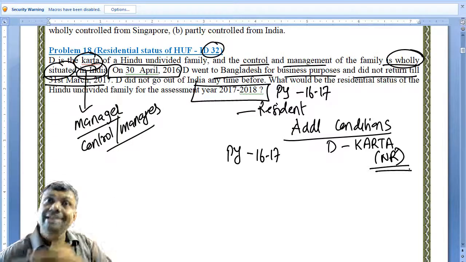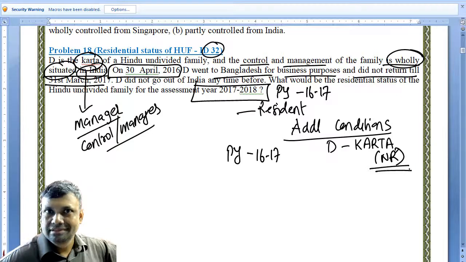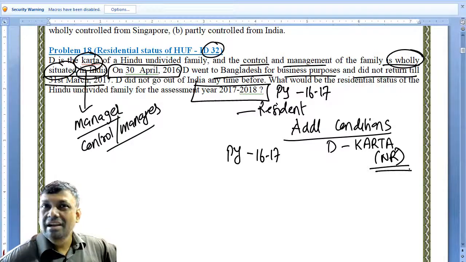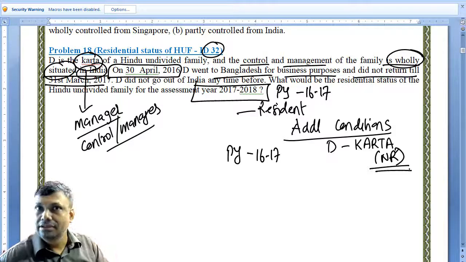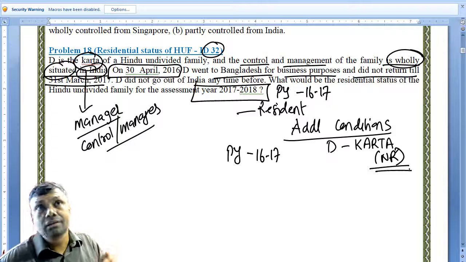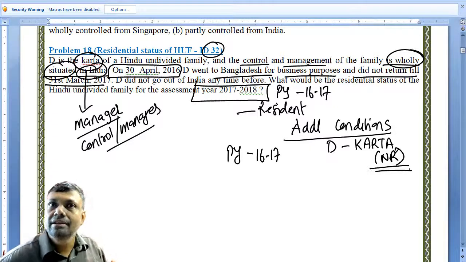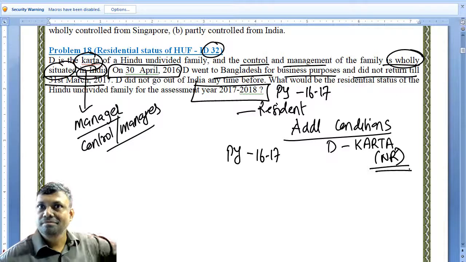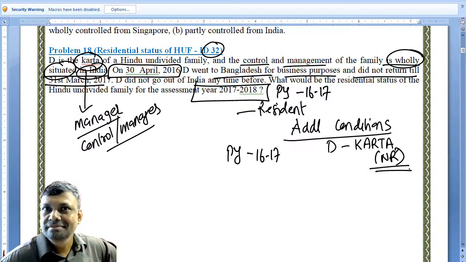You have to see the preceding years' analysis. So that could be a catch in this particular question, and that was the real catch. Students may think that, oh, the Karta is non-resident, so the HUF also will be non-resident. You cannot say like that. It's not possible.